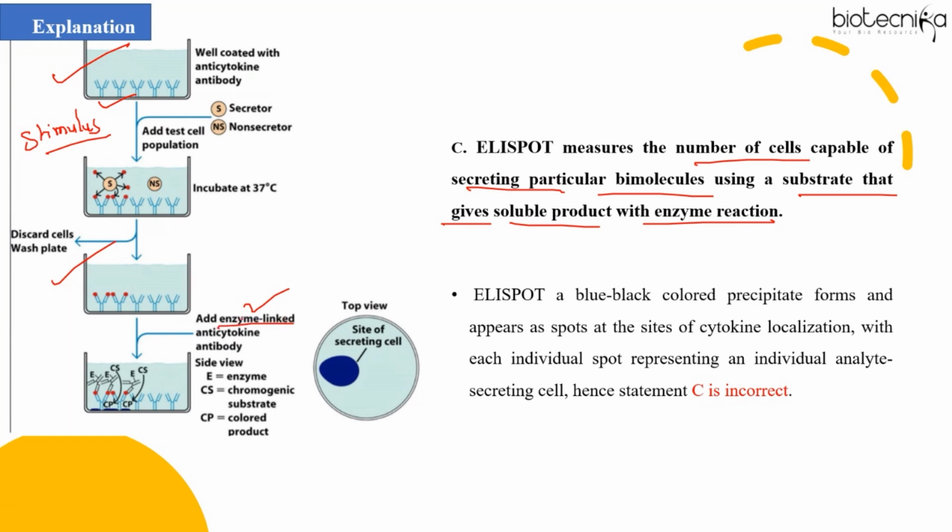And then you add the chromogenic substrate. So enzyme catalyzes the conversion of substrate into colored product. So here it is not a soluble product that you get, but an insoluble product. A blue-black colored precipitate will form at the site of cytokine localization. So this statement C is incorrect.